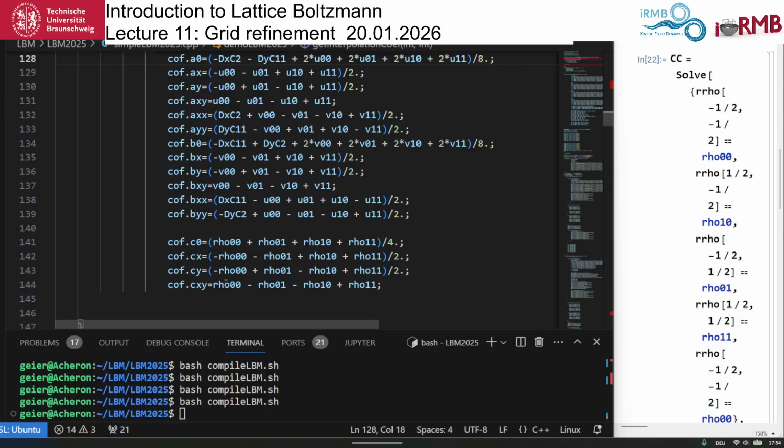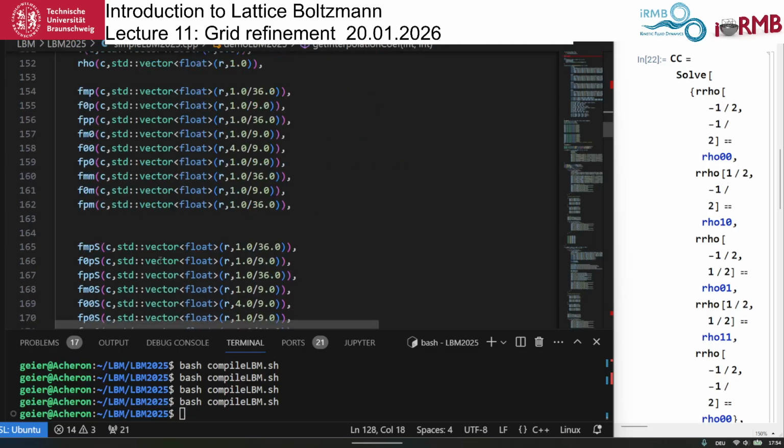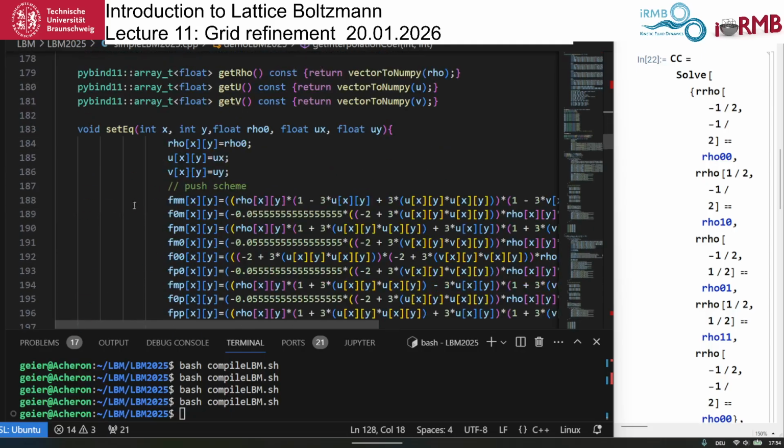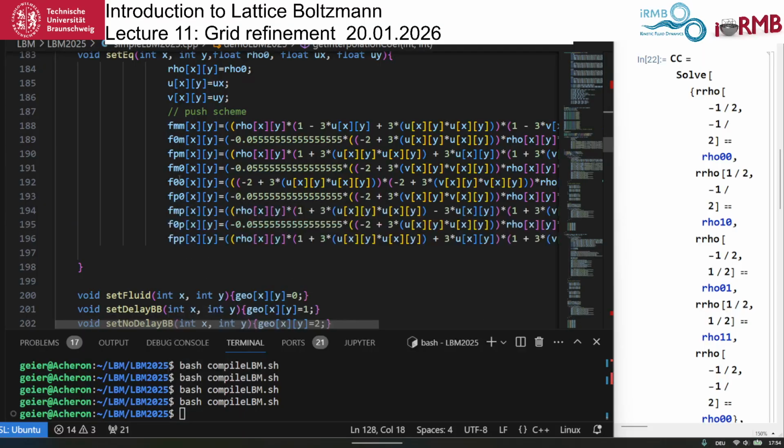Now what else? So this is reading the data. Now we also have to write the data back. Yeah. So we have this function here, Z equilibrium. Yeah, but this is not a very good basis.